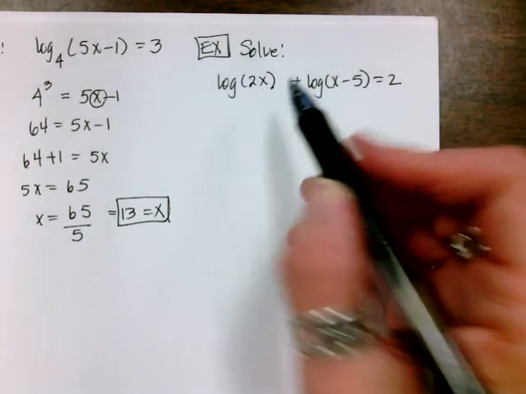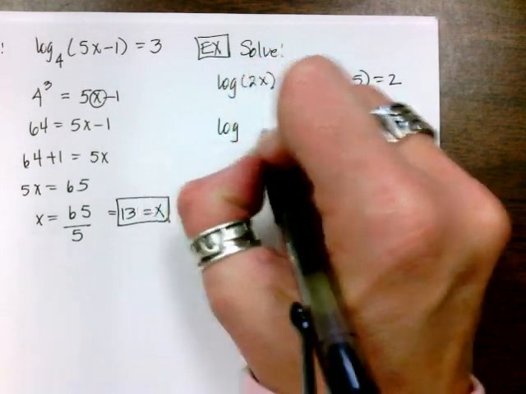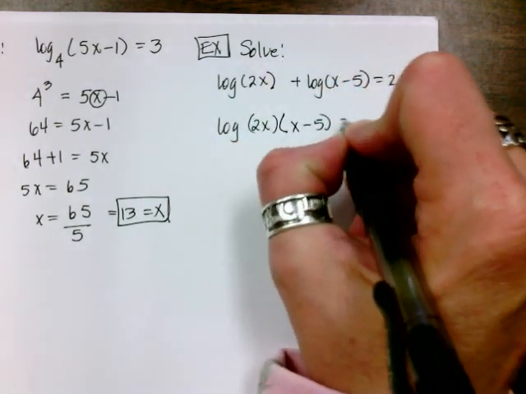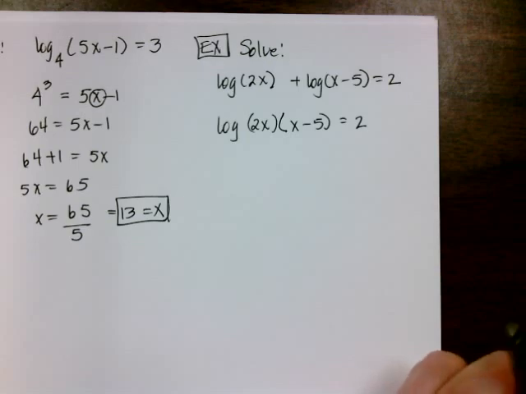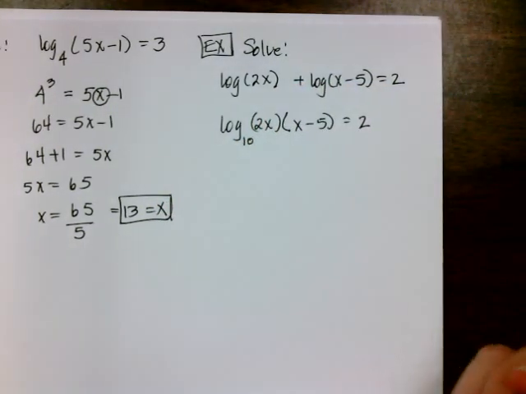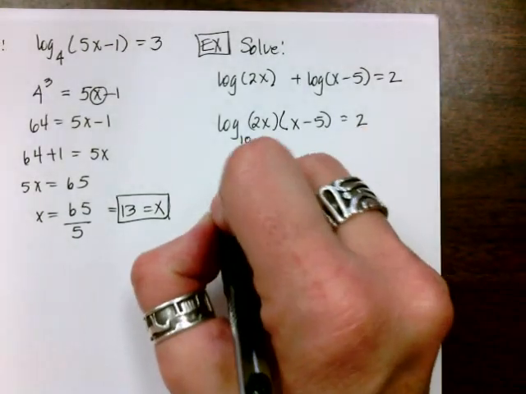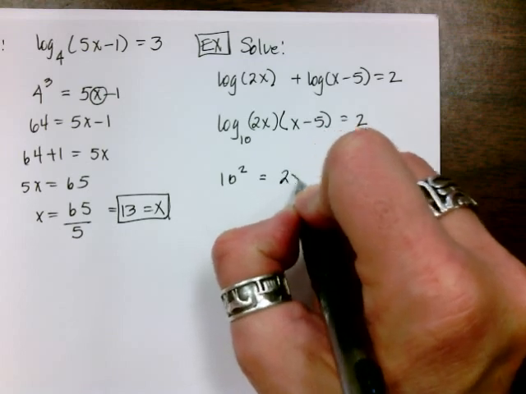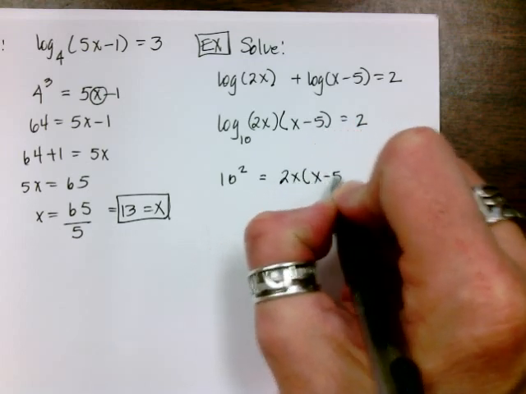Remember that plus means multiply. So I'm going to have the log of 2x times x minus 5 is equal to 2. Well, remember, this is a common log, so even though it's not written, the base is 10. So now I'm going to go back to exponent form. So I'm going to say 10 to the second is equal to 2x times x minus 5.